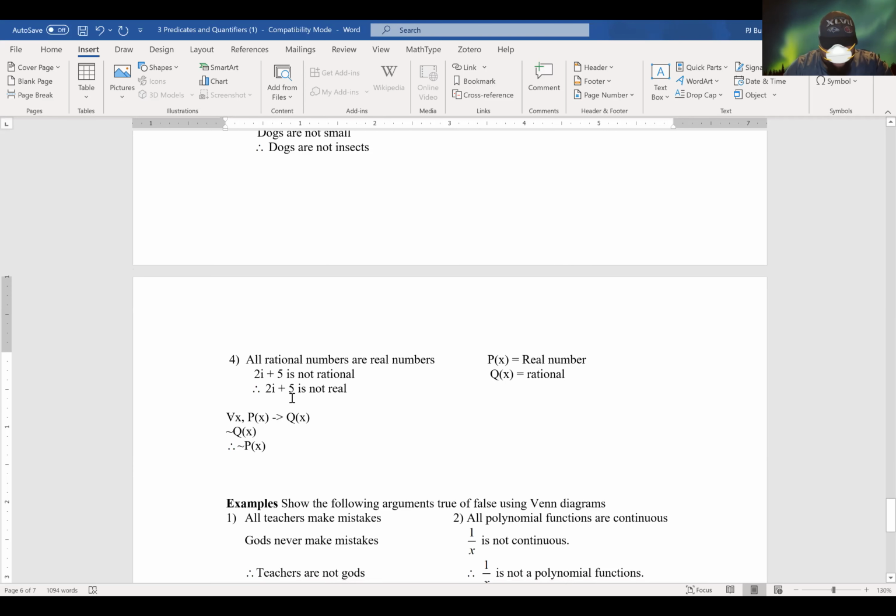And technically it's 2i plus 5 for each one of these instead of X. Okay, so that's universal modus tollens, and that is valid.